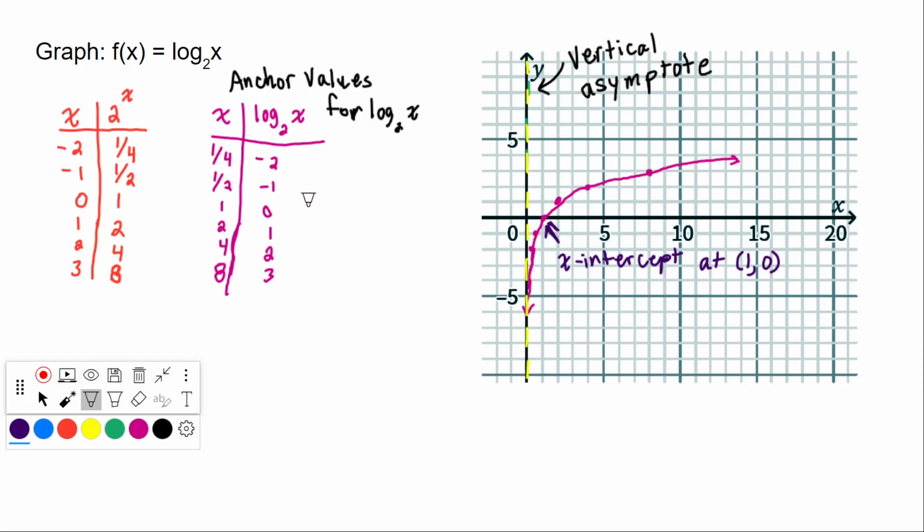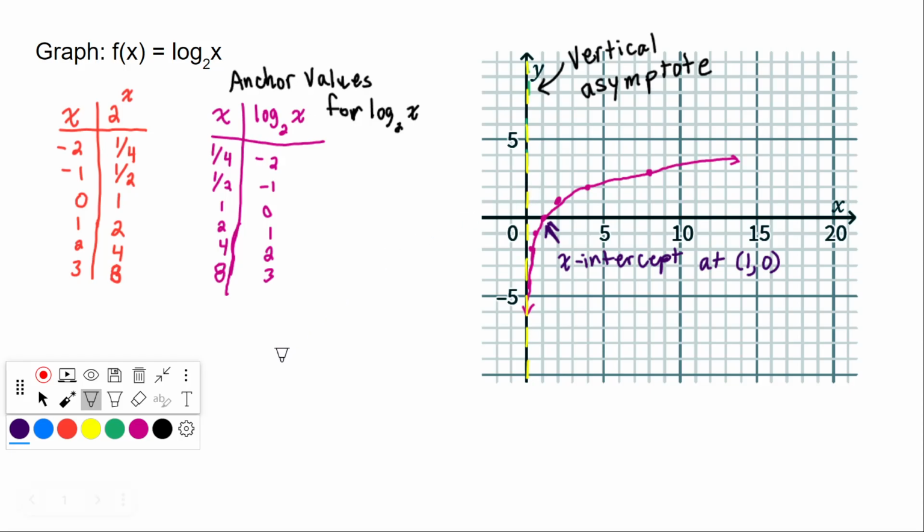The other thing you'll notice is if we change our base, instead of going 1, 2 on our inputs for our logs, let's say it was a base 4, it would end up going 1, 0, 4, 1. So the point that follows the intercept is always going to be the base value, 1 every time.